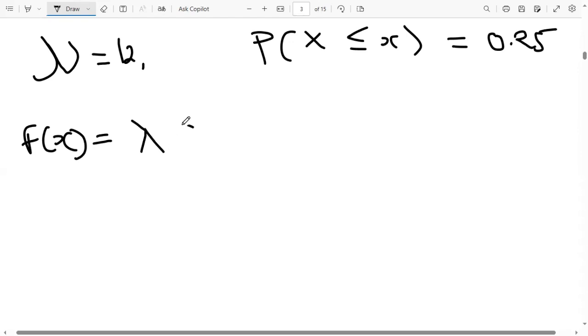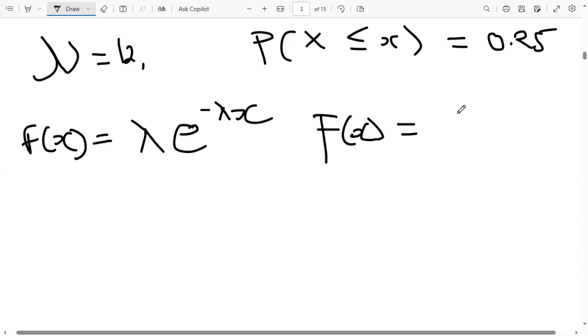You have lambda multiplied by e to the power minus lambda x. So this is the PDF. And then the CDF, which we are going to use, is equal to 1 minus e to the power minus lambda x.